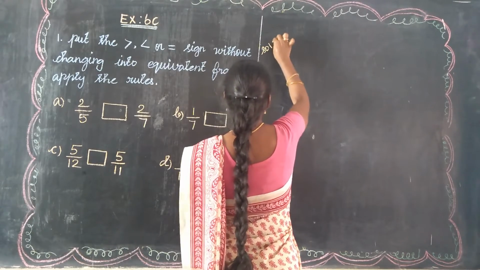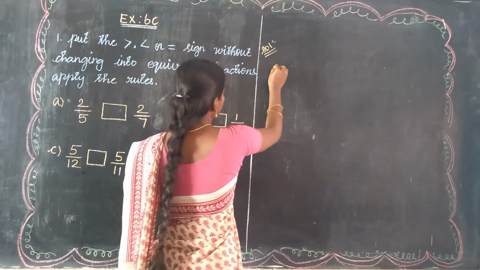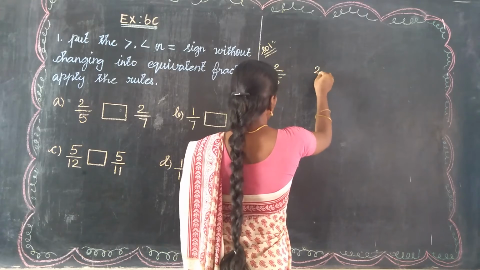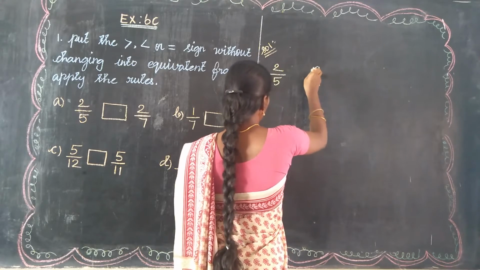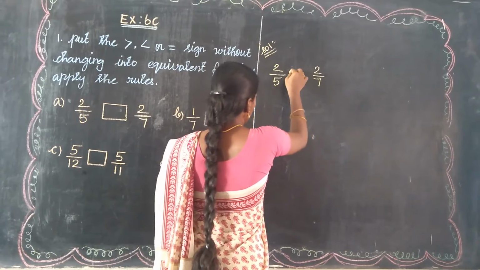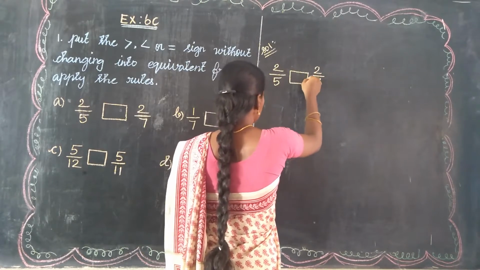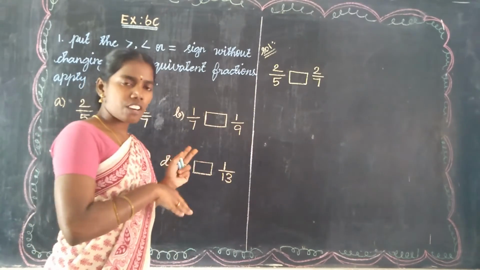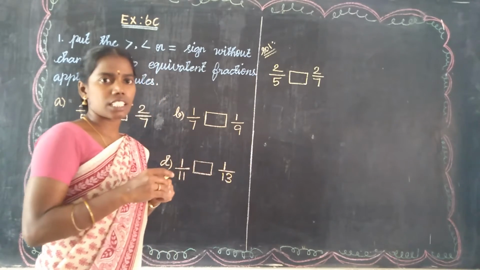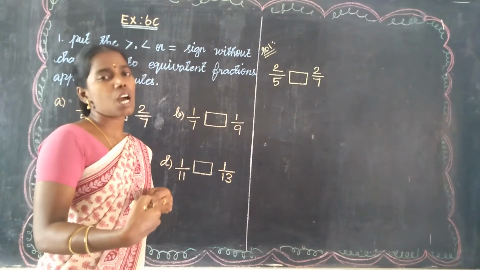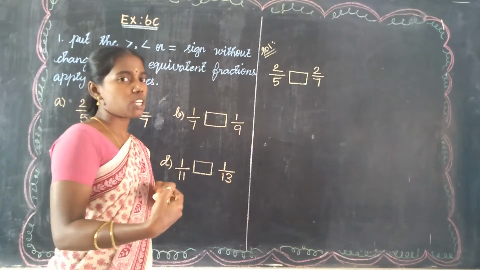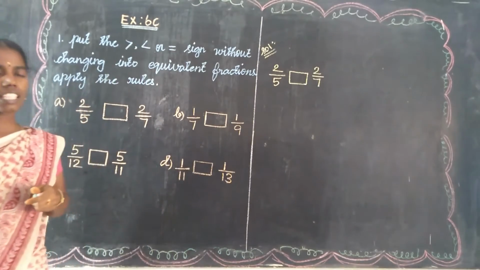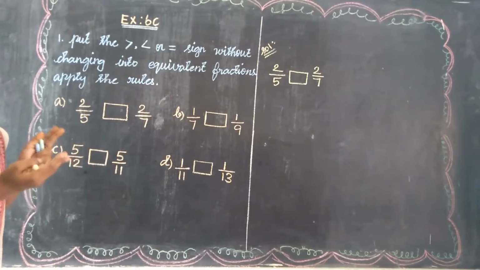First problem: first fraction 2 by 5 and second fraction 2 by 7. Listen, students, first we find the numerator value of both fractions; they are equal. Next consider the denominator value: in the first fraction it is 5 and in the second fraction it is 7.